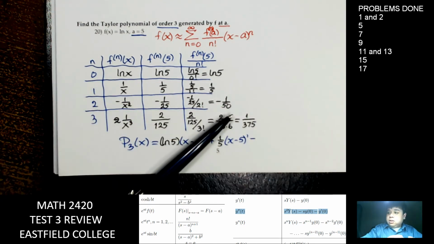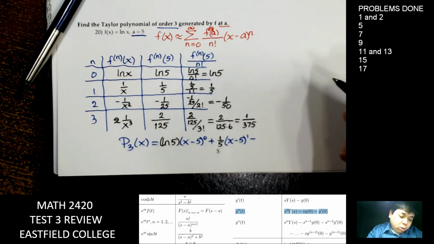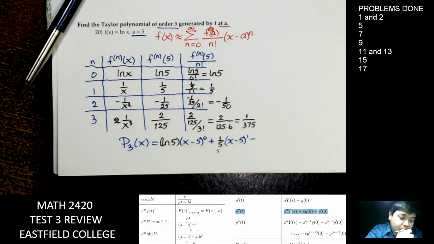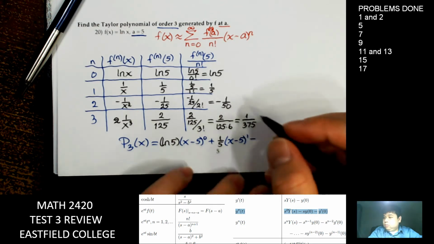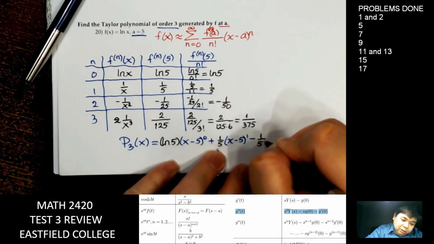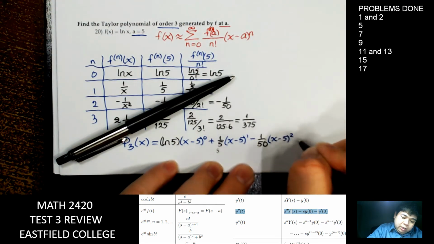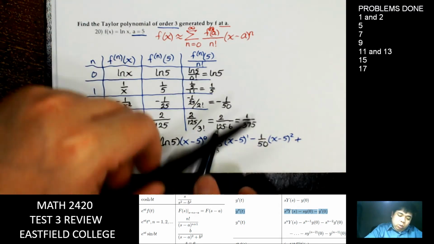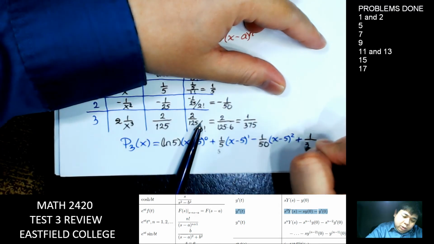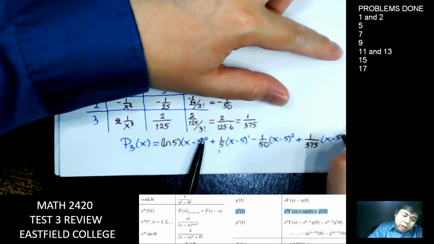and then 1 over 50. I'm sorry, not 1 over 50. That is 1 over 50, sorry. x minus 5 squared, and then plus 1 over 375 times x minus 5 cubed.